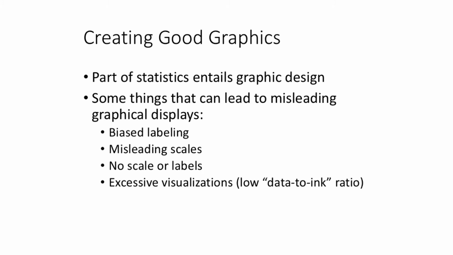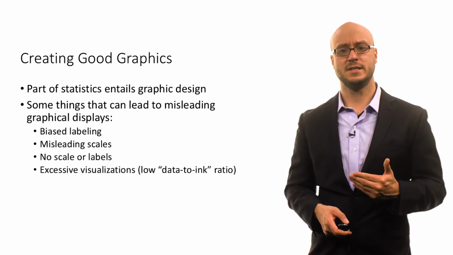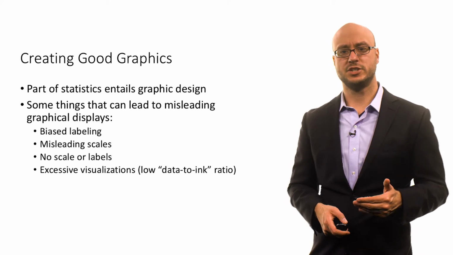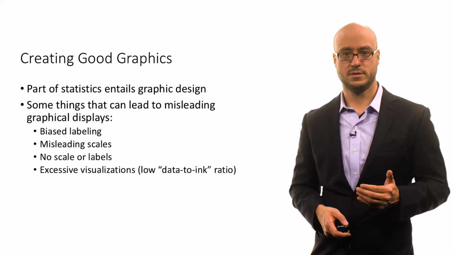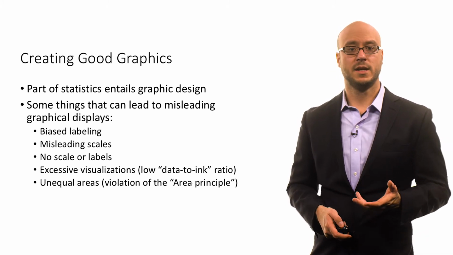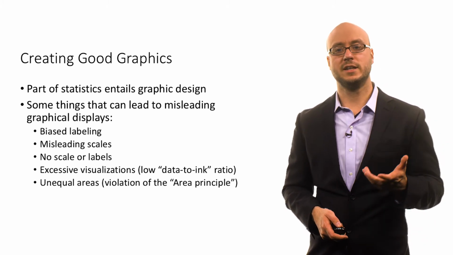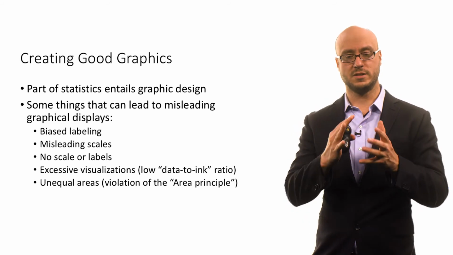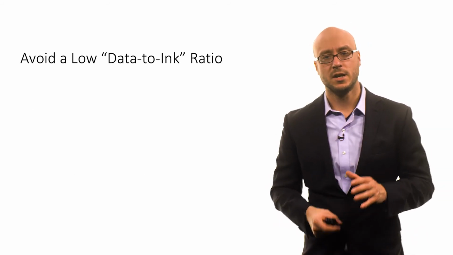Another issue is excessive visualization. When you have excessive visualization, you have a low data to ink ratio. You spill a lot of ink to say very little about the data. Another issue is a violation of the area principle, if different parts of the graph have unequal areas.